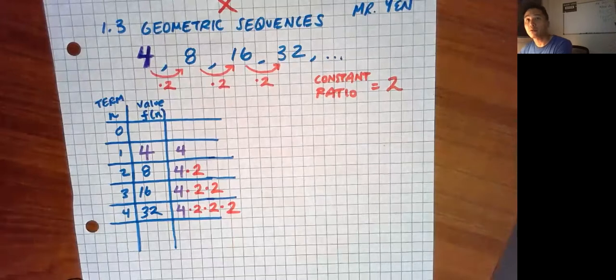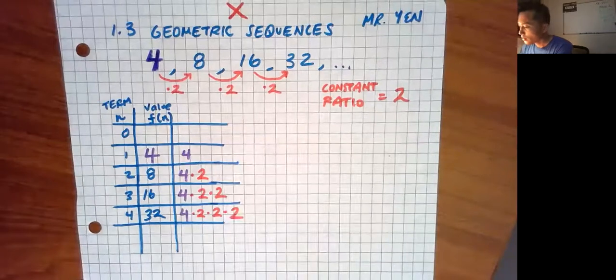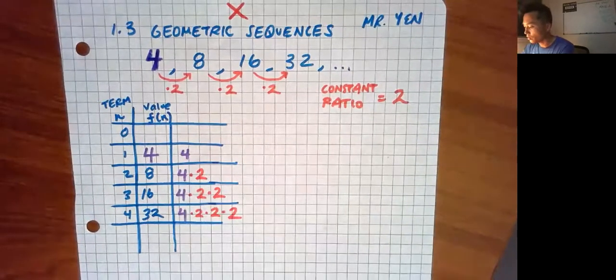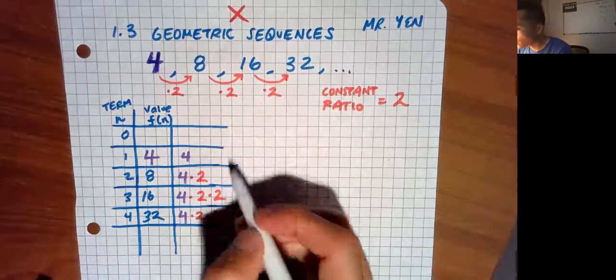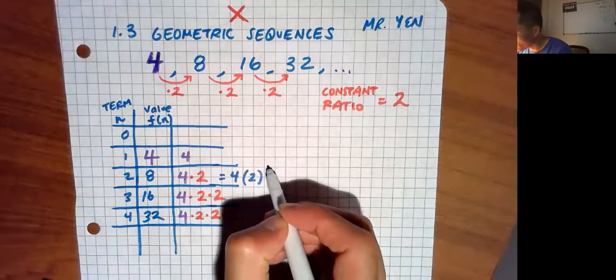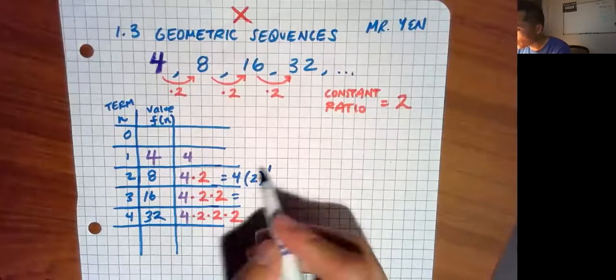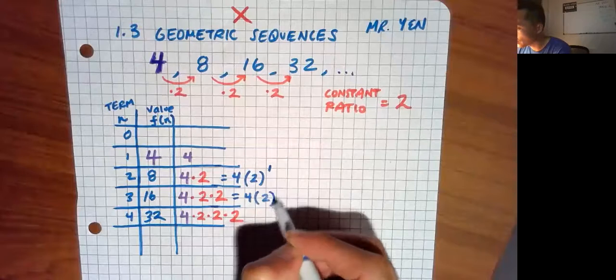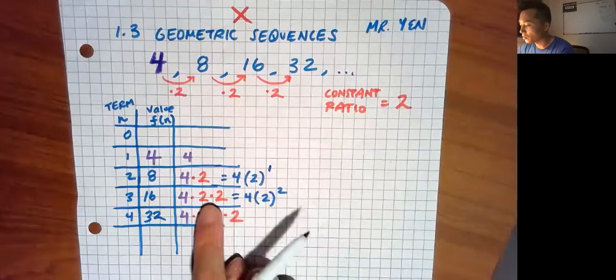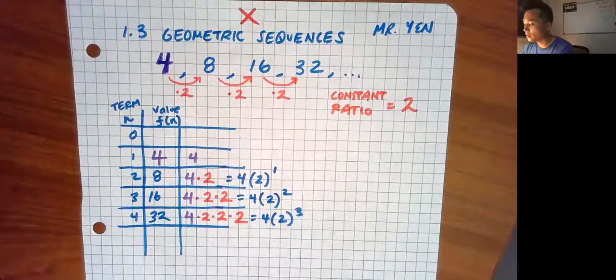And any time that we have repeated multiplication, we can use exponents. 4, that's just the same thing as 4. 4 times 2, we can think of this as 4 times 2 to the first power. 2 to the first power is just 2. 4 times 2 times 2, we can think of this as 4 times 2 to the second power, because we're multiplying by 2 two times. This we can think of as 4 times 2 to the third power, because we multiply by 2 three times.